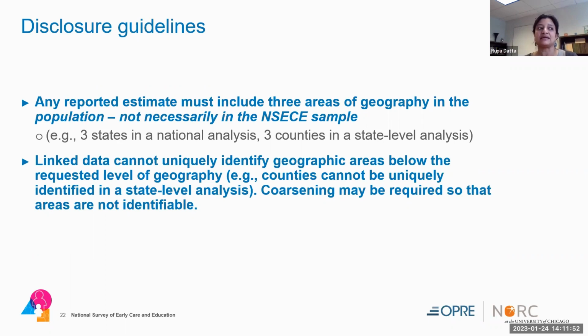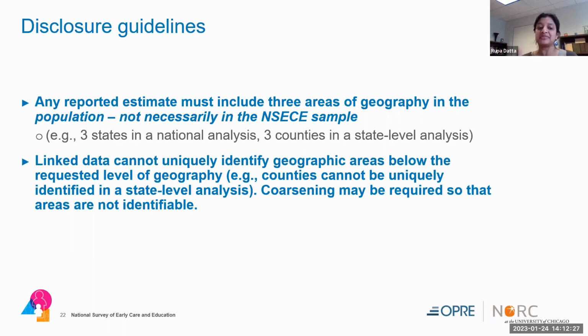Other things like counties may be directly available to researchers to use, but they can't be reported. What gets reported in a published document would have to be more aggregate. Even things like address or census tract, we would not make available directly to researchers, but if an analyst said, I want to link something at the address level, we would be happy to work with the researcher to make that linkage.